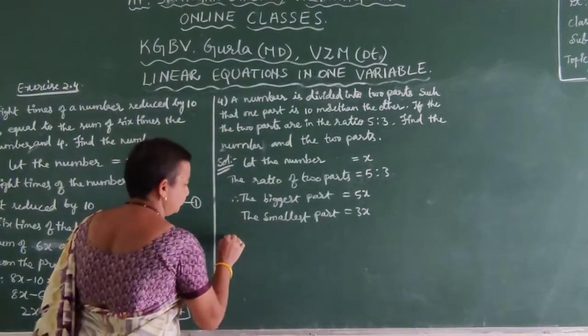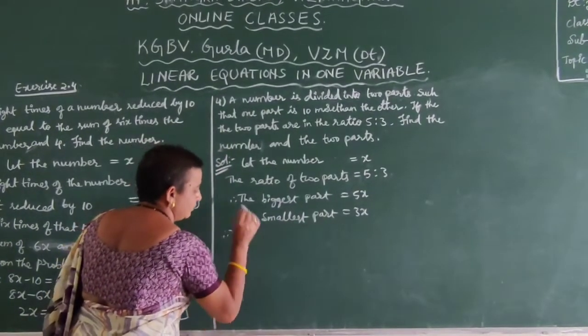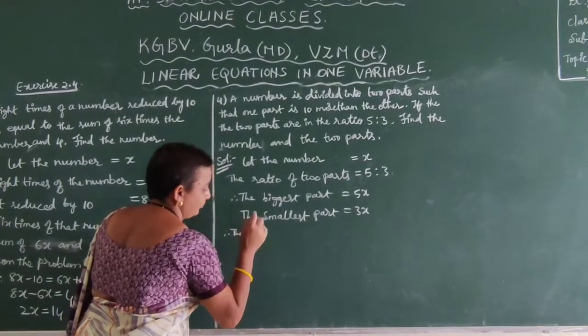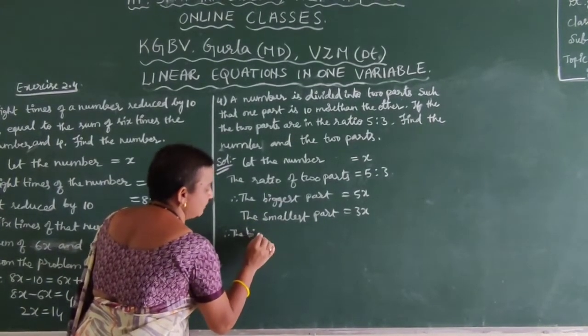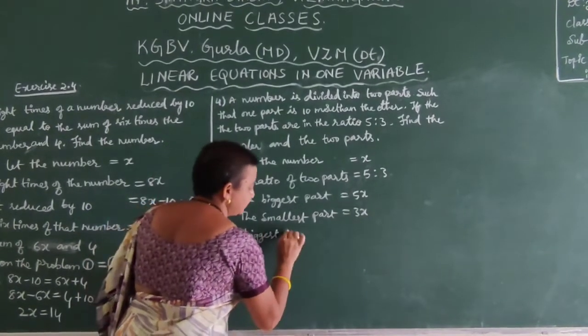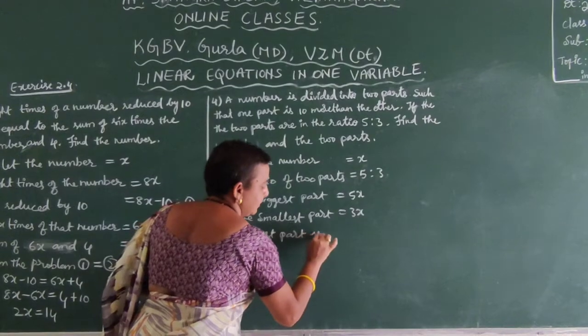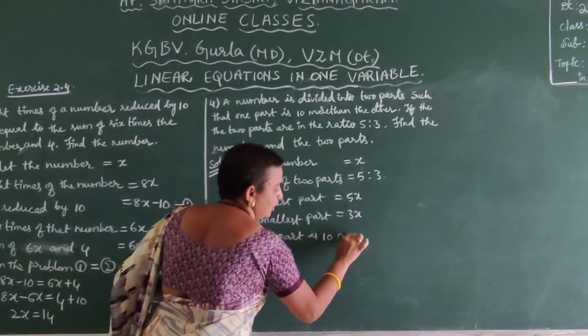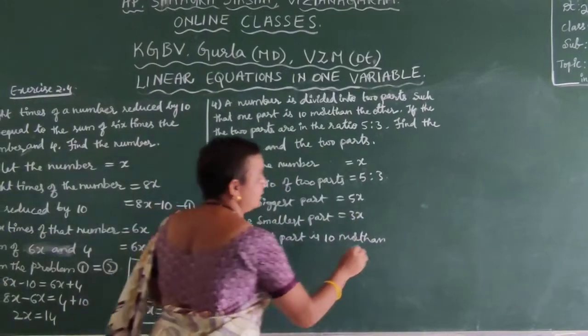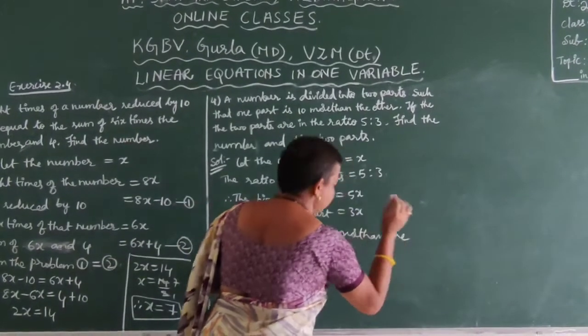Therefore, the biggest part is 10 more than the smallest one.